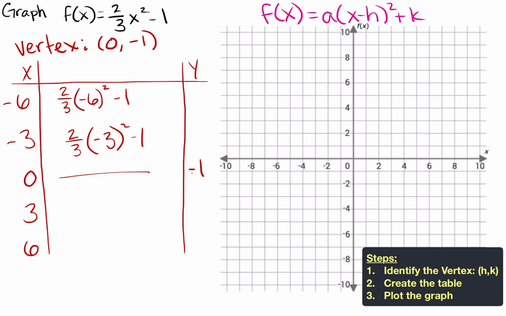Then below our vertex at 0, -1, we get 2/3 times 3 squared, minus 1. And then on the end of our table, we get 2/3 times 6 squared, minus 1. Okay? Please use a calculator when you're doing these problems, so that way you can avoid simple mistakes. The calculators can help with the fractions.